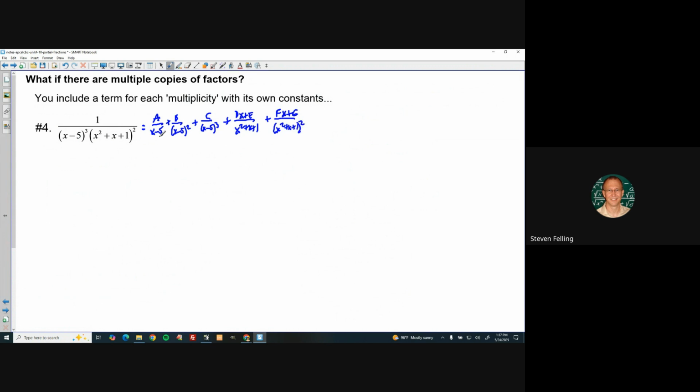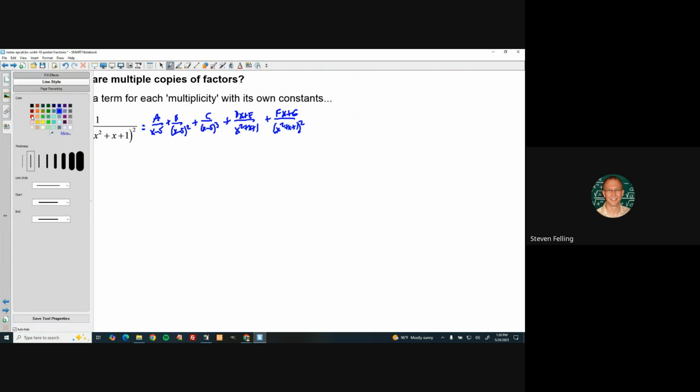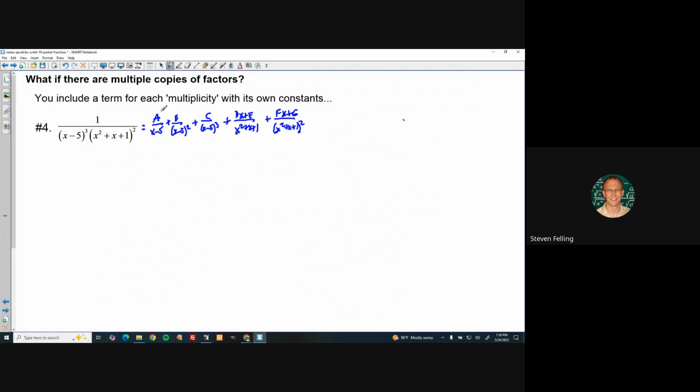And then you would get a big common denominator. I'm not going to do this, but what you would need to do is multiply by 2 more of these and also 2 of these. This one out here would have to be multiplied by (x - 5)³. This one would need to multiply by (x - 5)² plus the other (x² + x + 1).